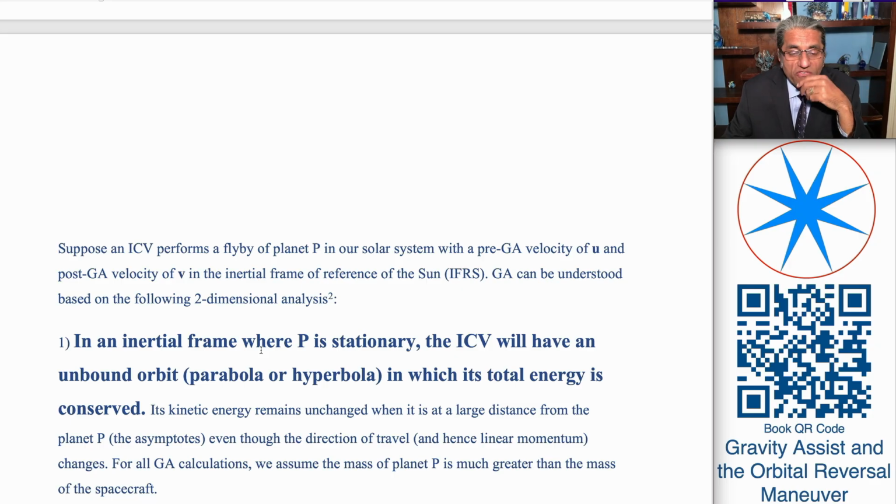And I couldn't really find any good source for understanding gravity assist, something which can be explained in 3-4 pages.